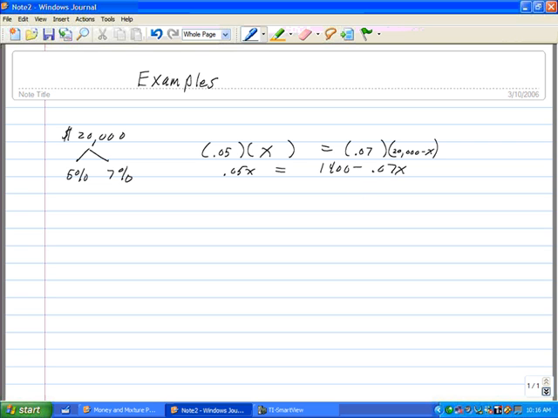We're going to bring the variable over by adding. We get 0.12x equaling 1,400 when we add.